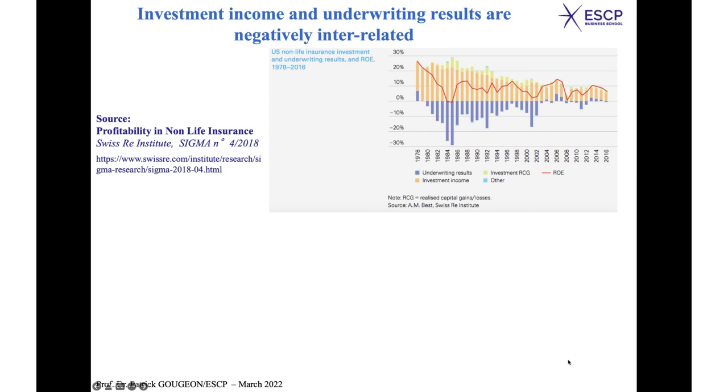The underwriting losses correspond to an implicit remuneration of policyholders who are paying a premium which is lower than the total cost of their claims, because it includes a remuneration of their saving. Okay?